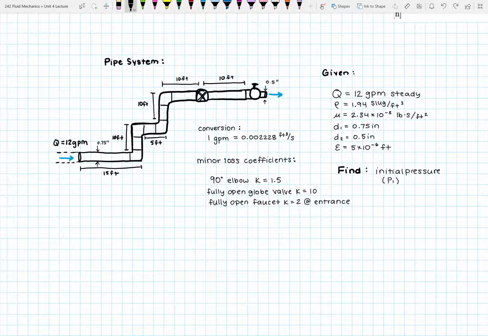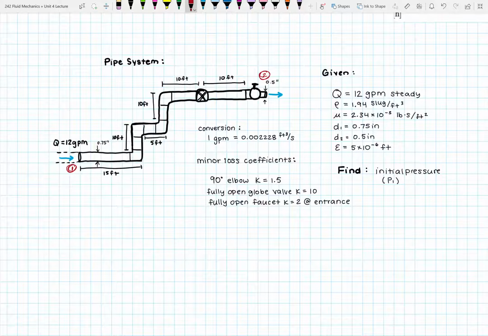And then finally, it's asking us to find the initial pressure of the system, and by initial, what I mostly mean is the pressure at point 1, which if we want to name our points now, we'll call that point 1 and this over here point 2. And we're being pretty intentional with where we put our points.